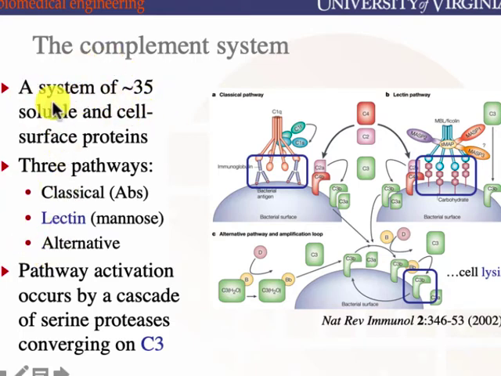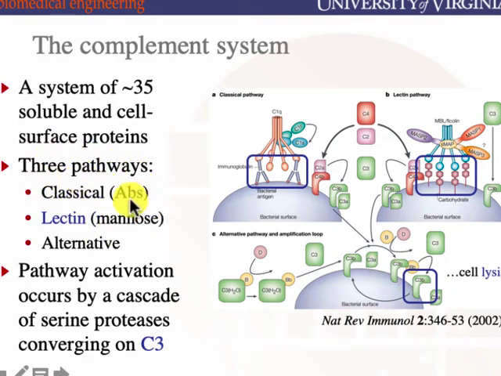So the complement system is a system of about 35 soluble and cell surface proteins that are going to detect bacterial pathogens predominantly and directly kill those cells, okay? There are three main pathways, and they all converge on this protein known as C3. So we'll talk about those three pathways now.